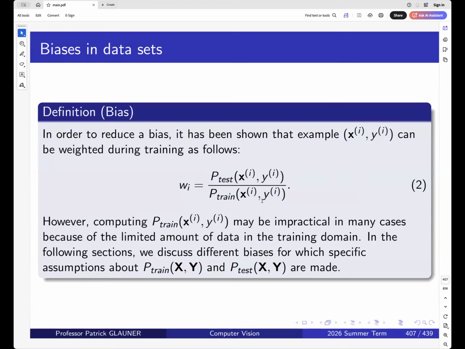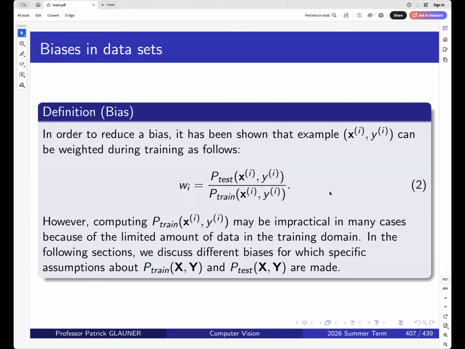And then we have a weight, and this is the weight of how important the example is. Like this, we could try to mitigate a bias by considering an example more or less.